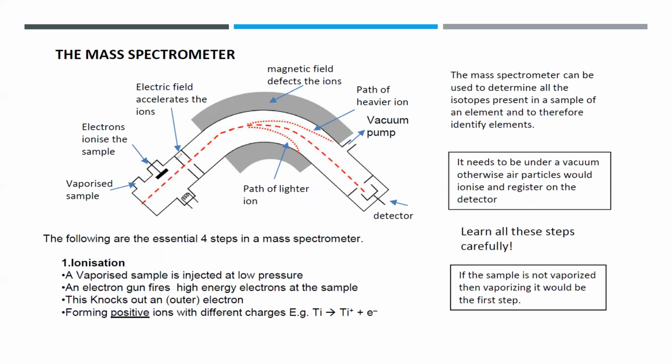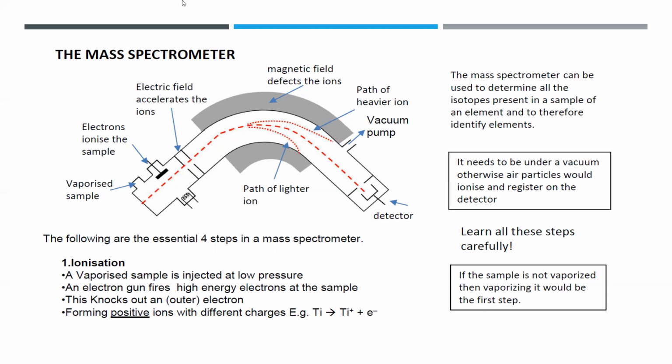So you can see, first we vaporize the sample, then we accelerate the sample, then we deflect the sample. This will be the path of the heavy and this will be the path of the lighter. The lighter one deflects more, the heavy one will deflect less.